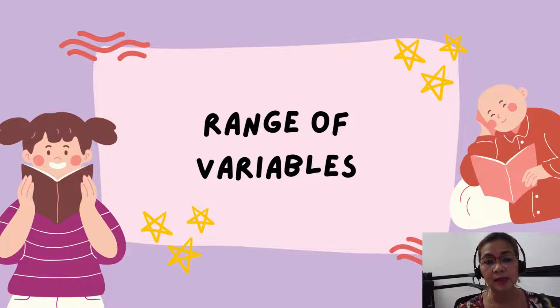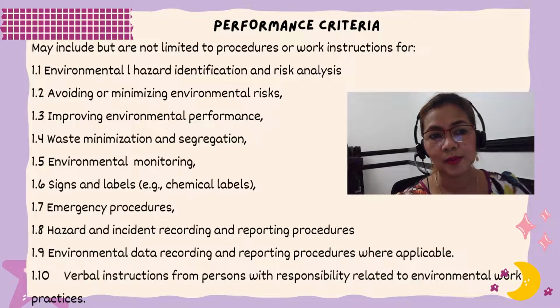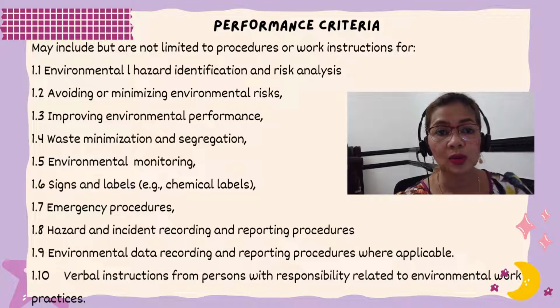Now we will be discussing the range of variables for this environmental workplace. The first variable is workplace practices and work instruction. For the workplace practices and work instructions, this may include but is not limited to procedures or work instructions for number one, environmental hazard identification and risk analysis.